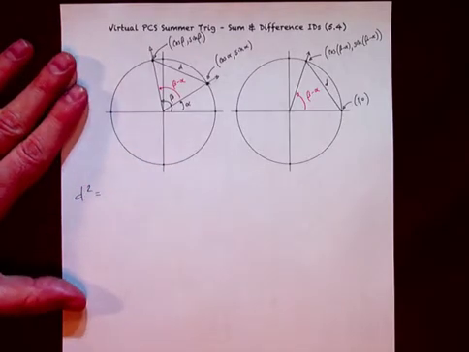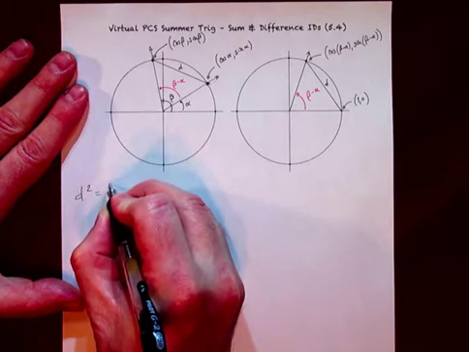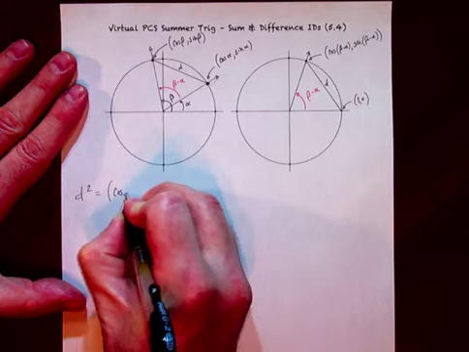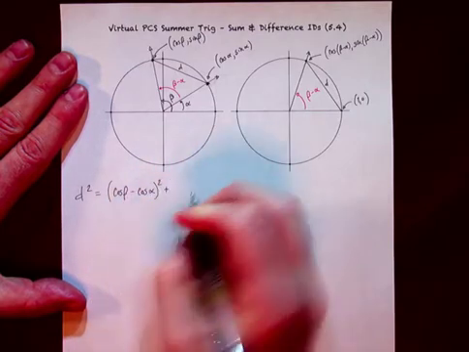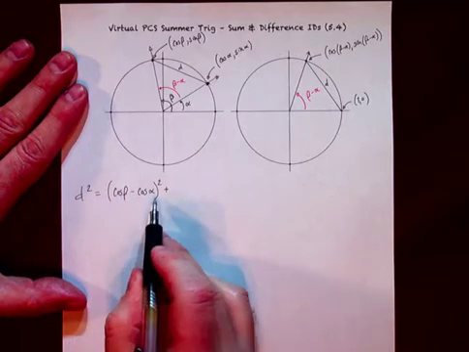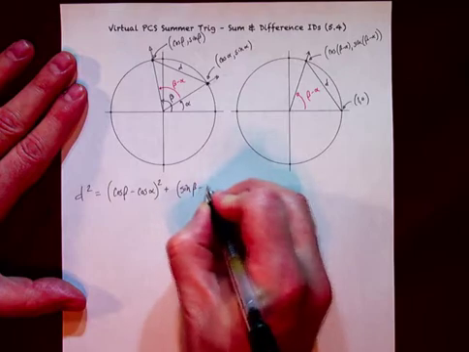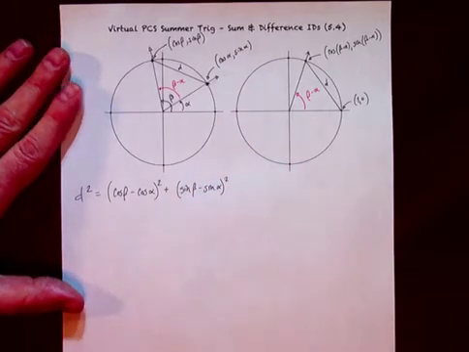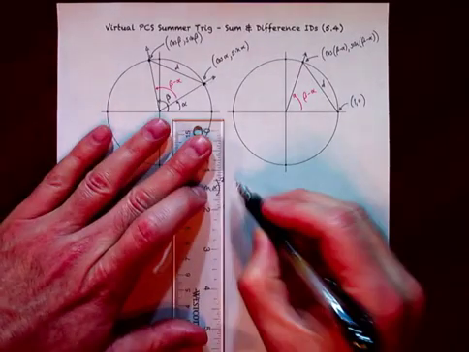So for this first one, D squared, let's deal with the x coordinate first. We have cosine beta minus cosine alpha squared, right? x2 minus x1. And then we have y2 minus y1 squared, and that should be D squared. I'm going to draw a line down the middle here.